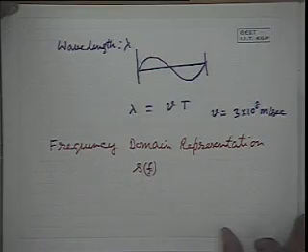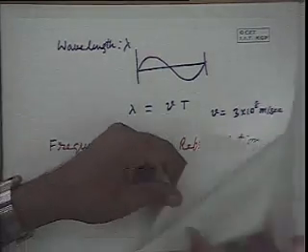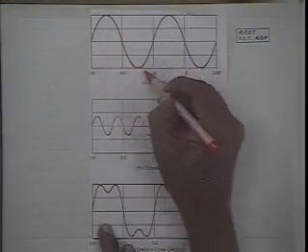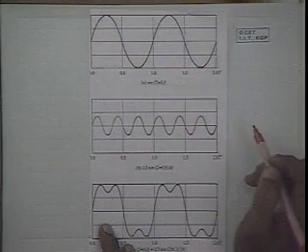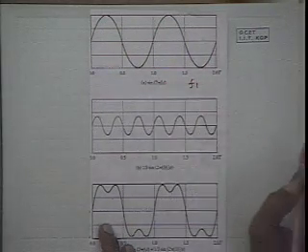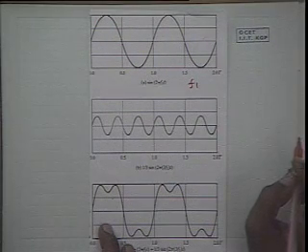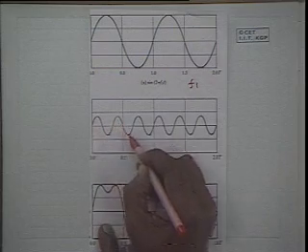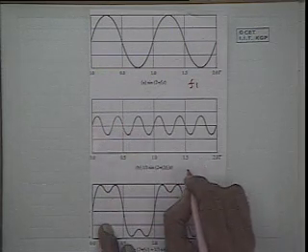For example, let us consider a sinusoidal wave as shown here. This is a sinusoidal wave of frequency f1. And this is another sinusoidal wave with frequency 3f1.